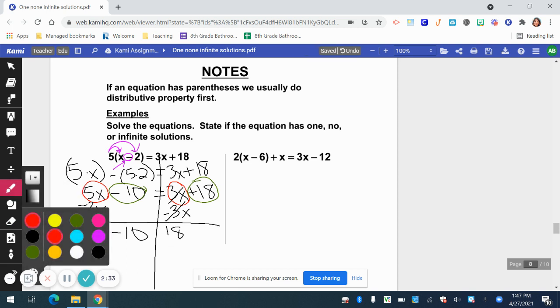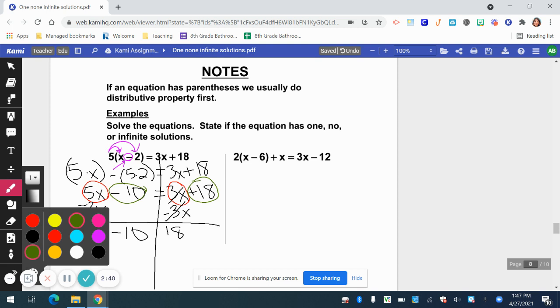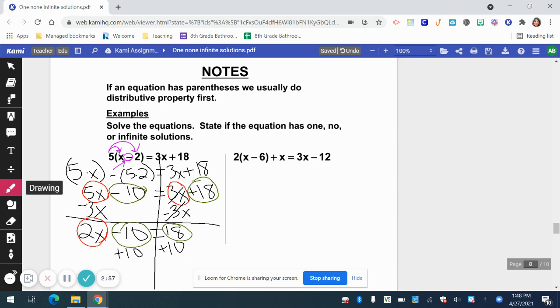Okay, so now I'm going to circle my like terms again. So I have my coefficient and variable on the left-hand side, and then I have an integer on both my left and my right-hand side of the equation. So now I'm going to add 10 to both sides because we are subtracting by 10, so the inverse operation is adding.